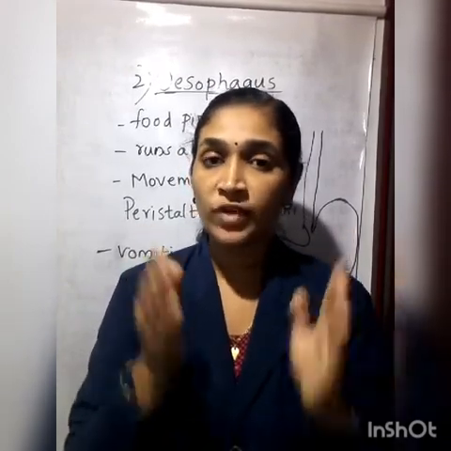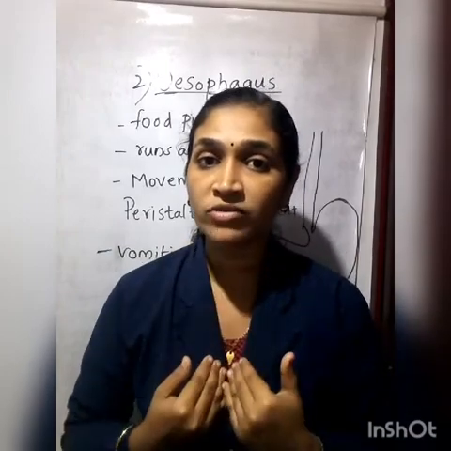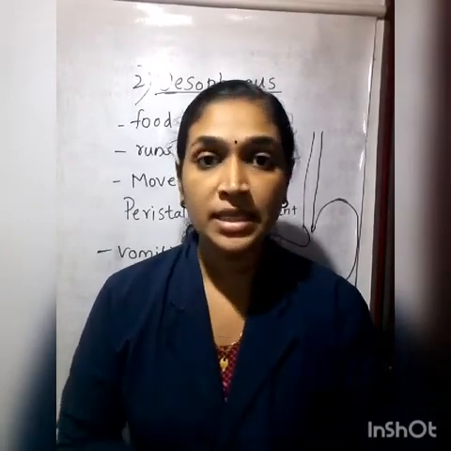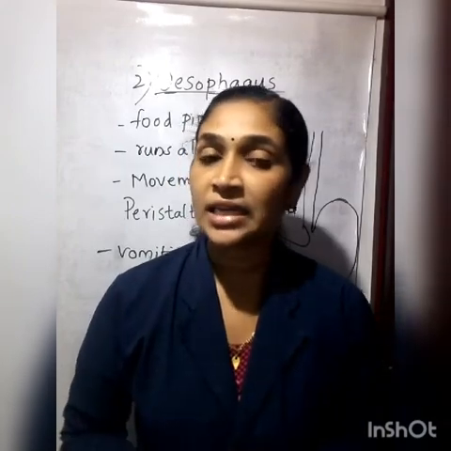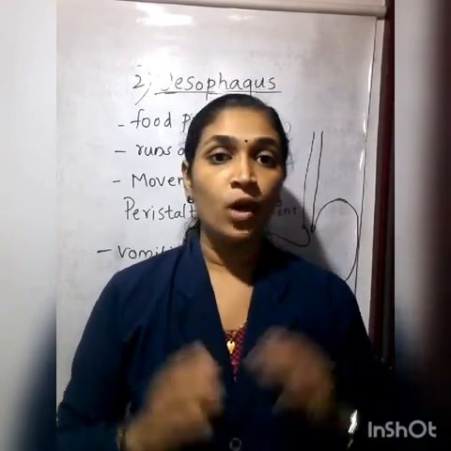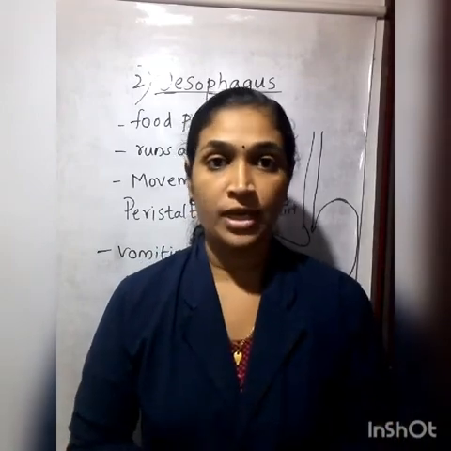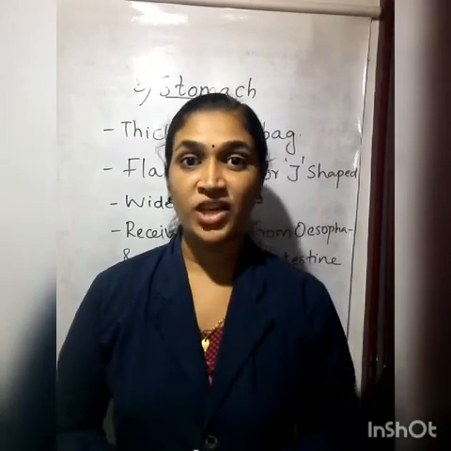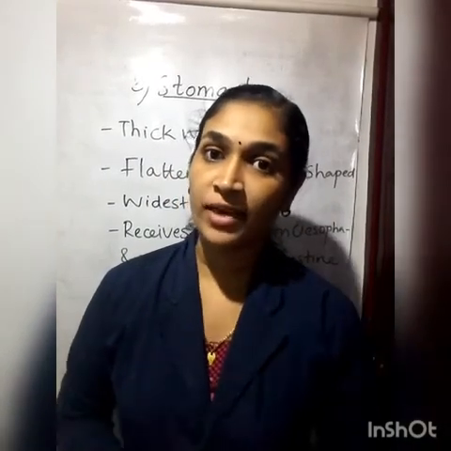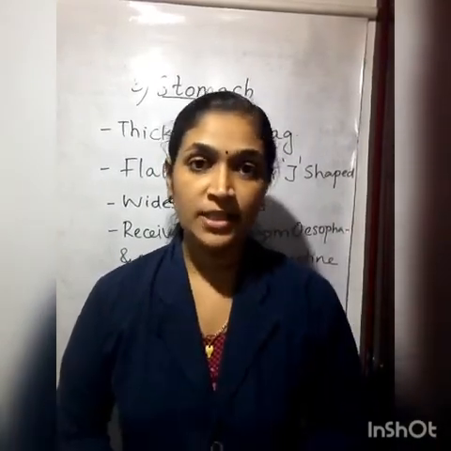Through which process is the food going downwards? By the peristaltic movement. And why does vomiting occur? Due to anti-peristaltic movement. Hope you understand the structure and functions of the esophagus in the digestive system.